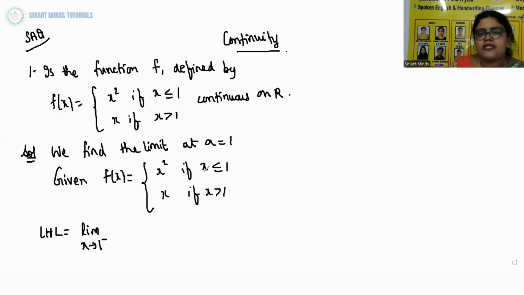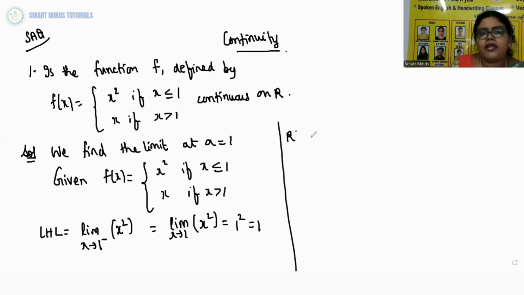So x is less than 1, it is x square. So that is equal to limit x tends to 1, it is x square. Once you have selected the function, you can remove this minus. So now you substitute x is equal to 1. So 1 square is 1.